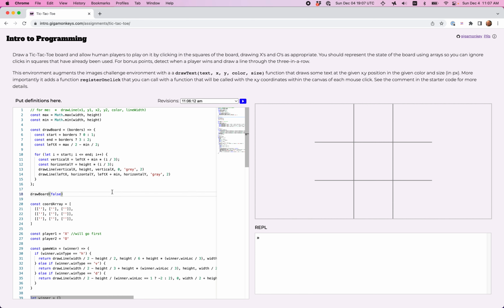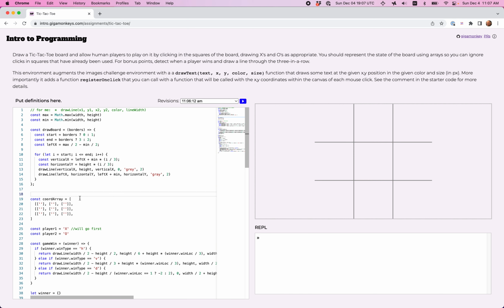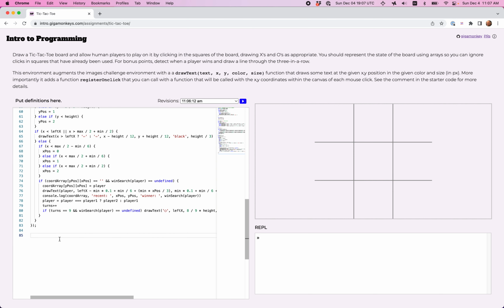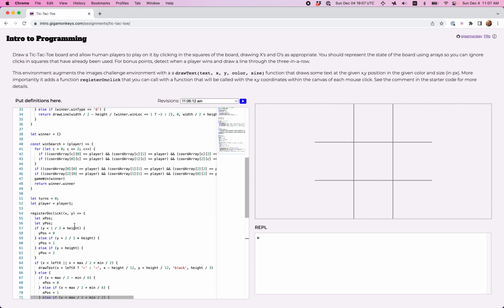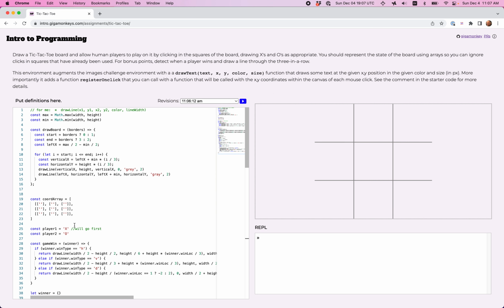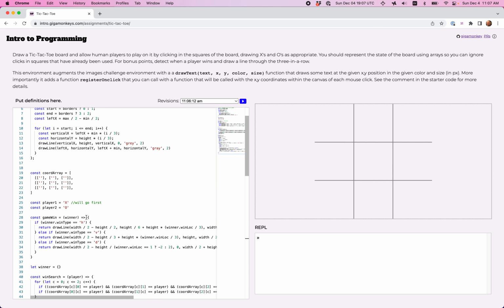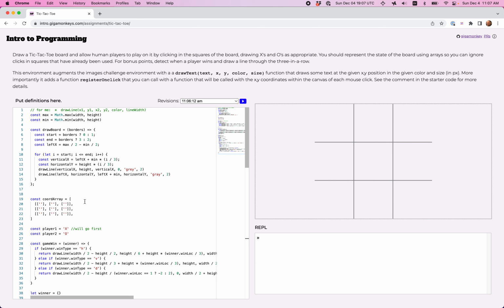The next thing I'm going to point out, and a lot of you do this: you define a function and immediately call it. I prefer to have all of the definitions first, and then put the code that actually does stuff down at the bottom. I'll just do that as I go, and then we'll make sure it's in the right order.